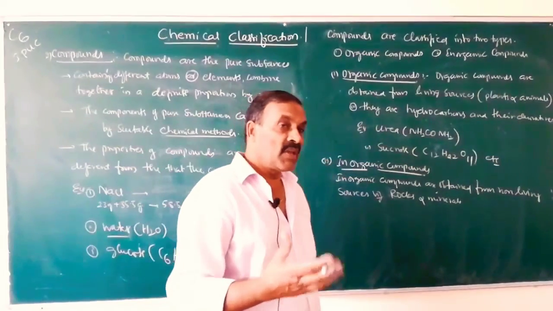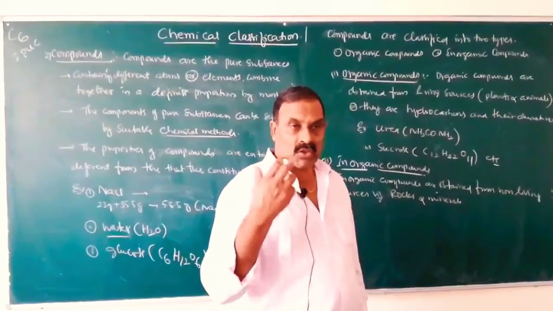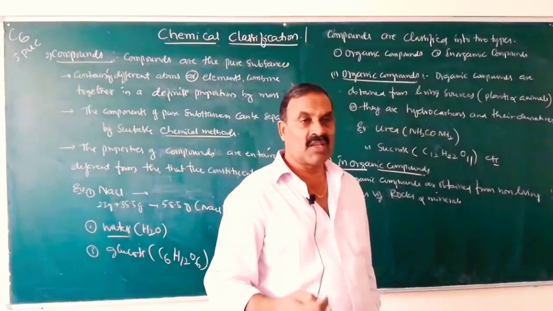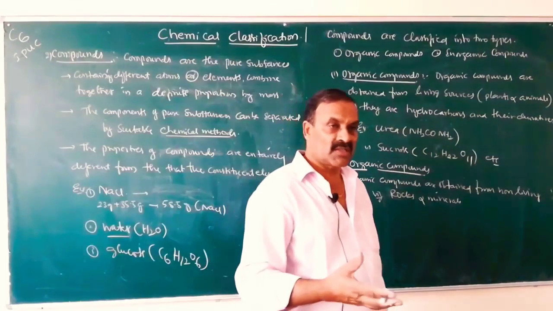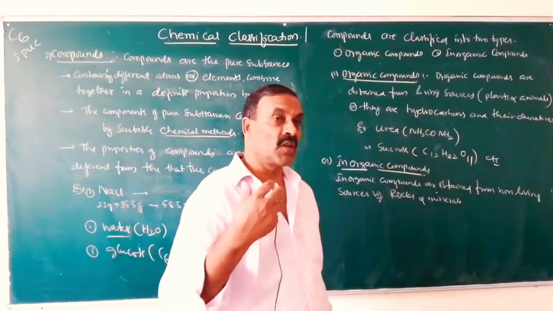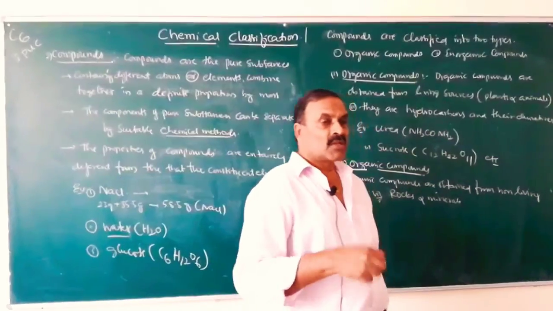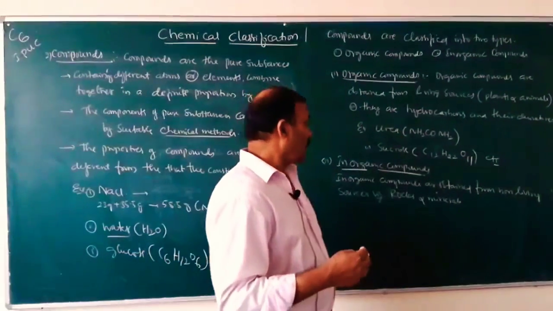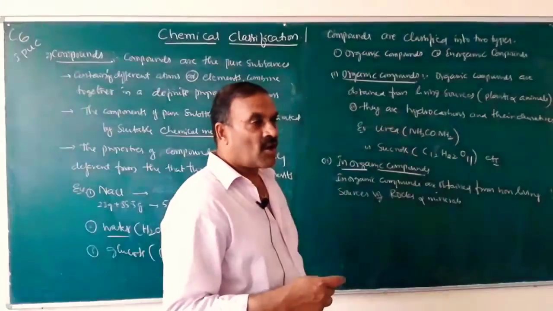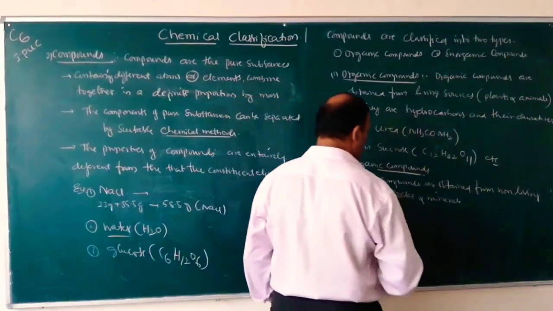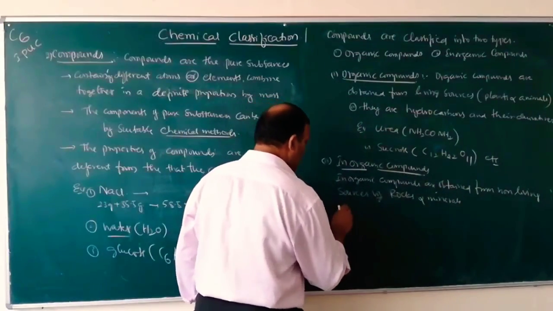So these are all minerals. We can manufacture sodium hydroxide by the electrolysis of sodium chloride, which is present in the sea. So the products obtained from non-living sources, rocks, minerals, etc., are called inorganic compounds.